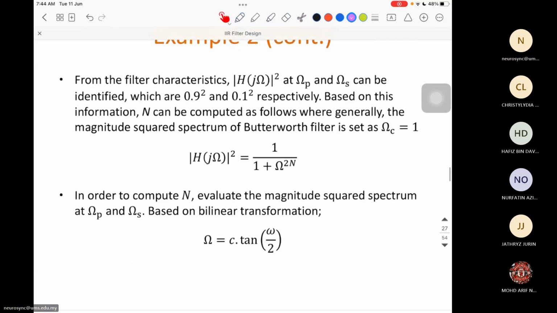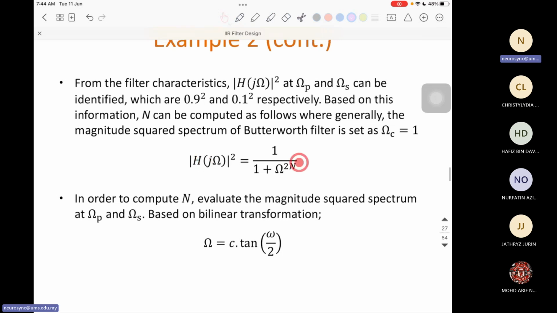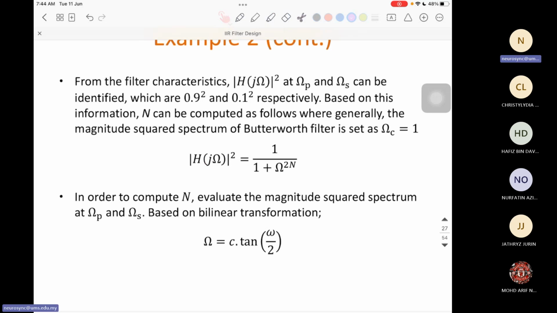So the squared magnitude of H of j omega is basically this. Now we will find the squared magnitude at omega p and omega s. The value of omega p is 0.9 and omega s is 0.1 squared.